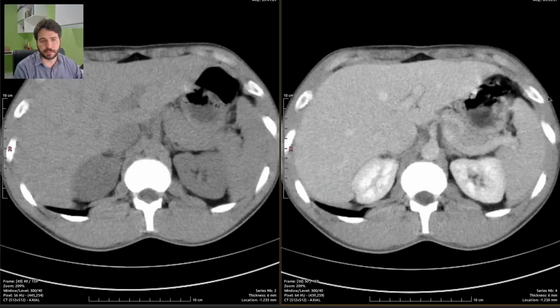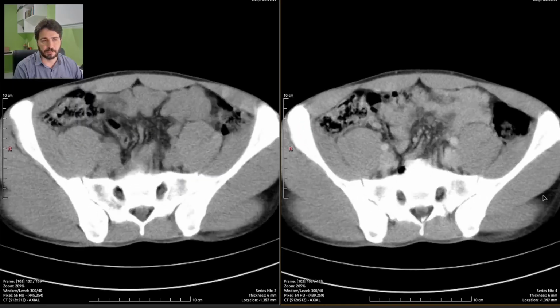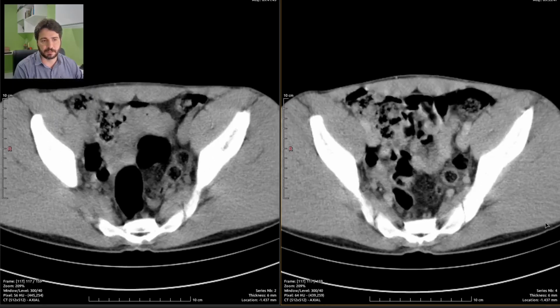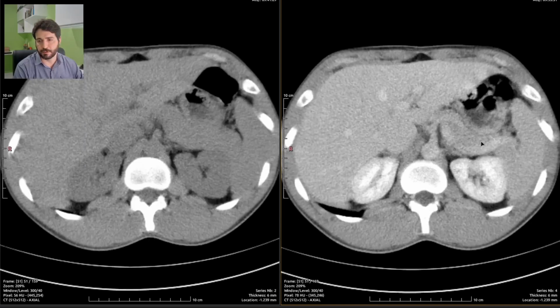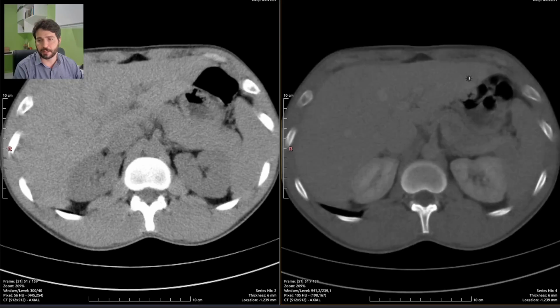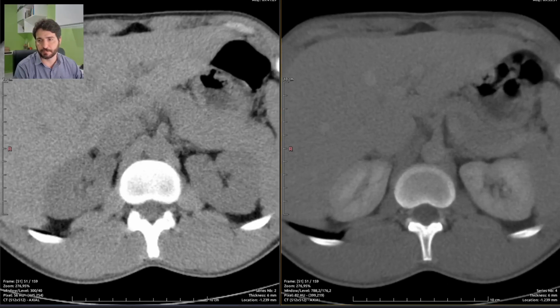I can't really say there is any kind of disease that could justify left lumbar pain, except if we find anything on his spine.